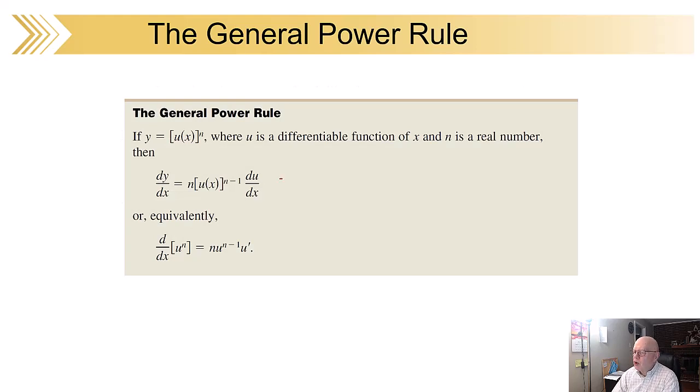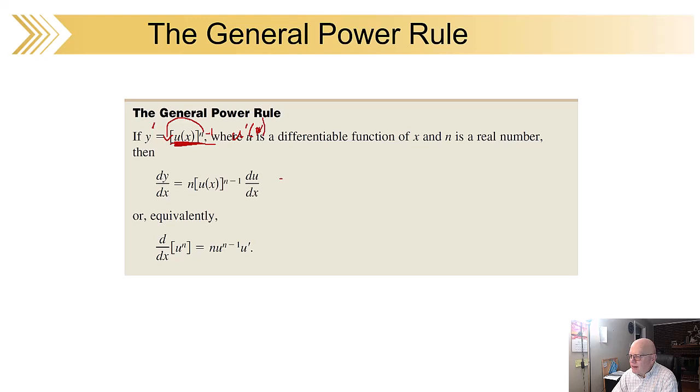So what does it look like? Well, if you start with this, if you find the derivative, you bring that n out front. You write your function the way it is ordinarily. You subtract 1 from this, and then you'll take the derivative of u of x, the inside function.